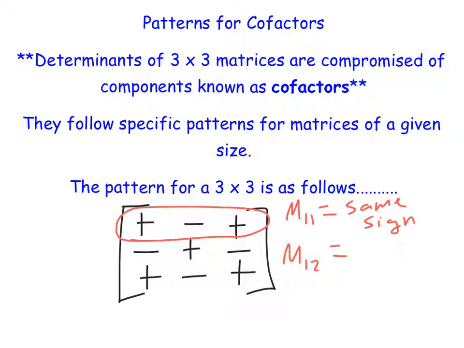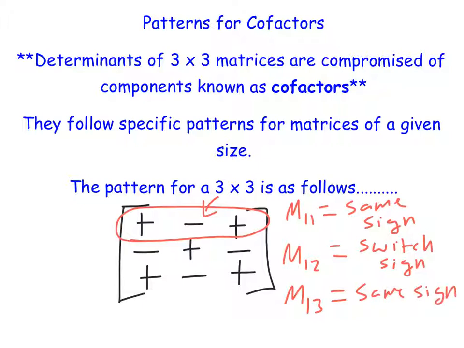Notice in row 1, column 2, I have that negative sign. So for minor 1, 2, the second one that we found, this tells us we need to switch the sign of that minor. And then 1, 3, go ahead and leave it as the same sign. Okay?